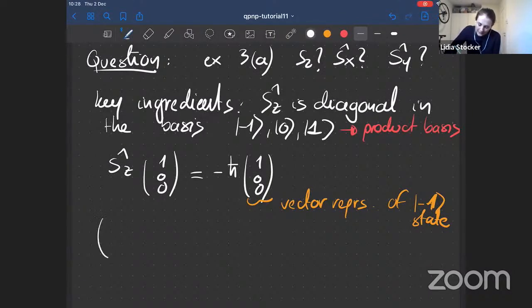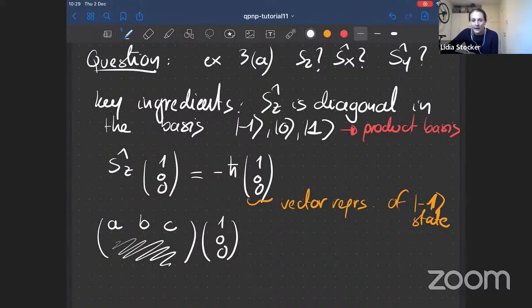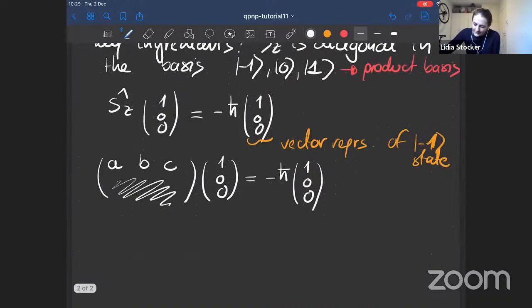This means that if I write the Sz operator as a matrix, I will have some coefficients here, which multiply 1, 0, 0. What happens with the others I don't care, because they will just be multiplied by 0. What I care about is that this is minus h bar times 1, 0, 0. So I multiply a by 1, b by 0, c by 0.